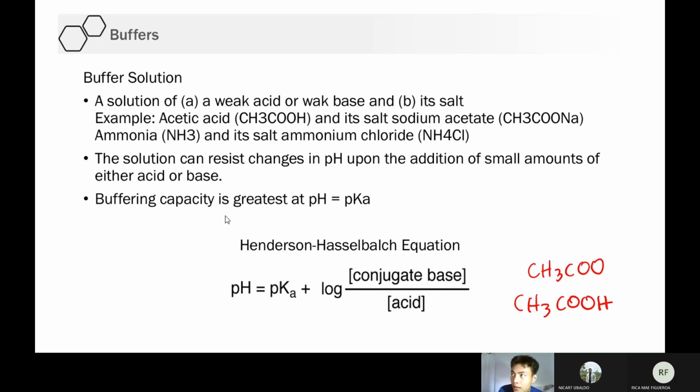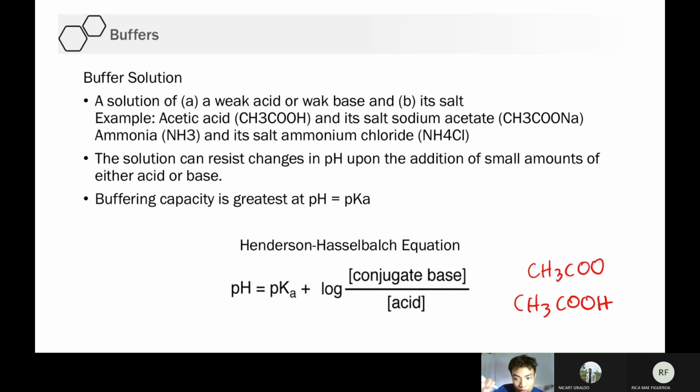Okay? And buffer solutions are governed by the Henderson-Hasselbalch equation. So itong equation na to, ito yung pinaka basis, no, in determining kung ano yung capacity ng buffer natin. Meaning ng capacity ng buffer kung saan siya mas stable.